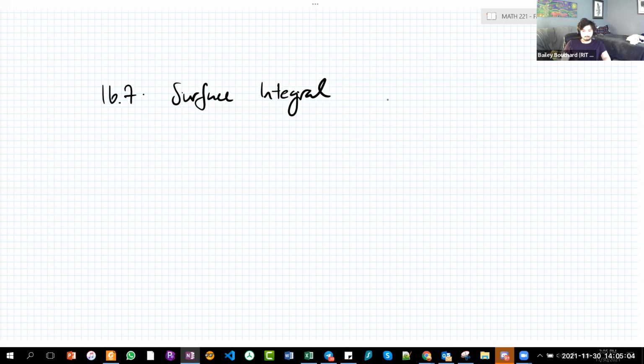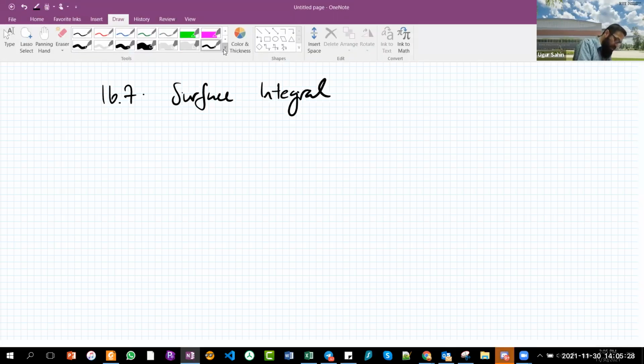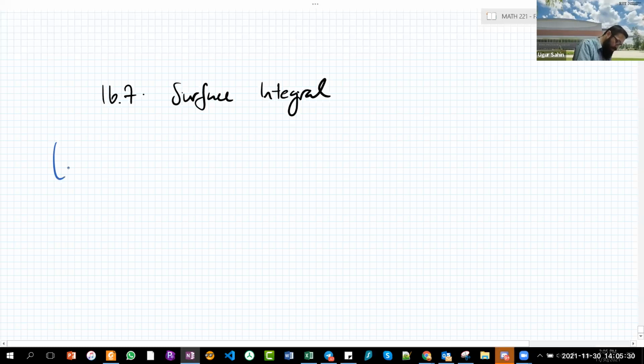Let me go ahead and review the line integral part for you, and then you will understand more if you remember what I did for the line integral, since the connection between the line integrals and the surface integral is gonna be obvious and inspires us to understand the surface integral. So look at what we did for the line integrals, guys.